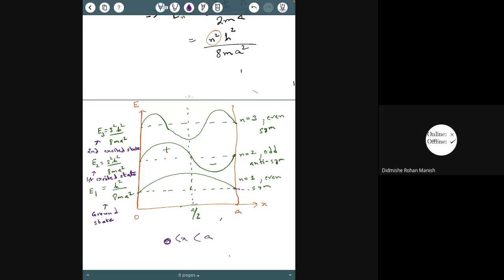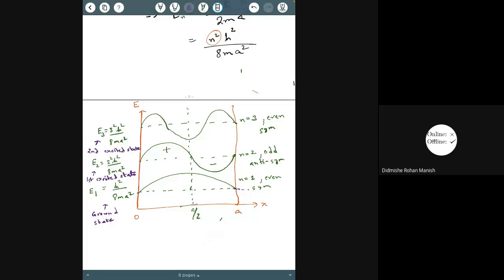And actually, the particle is also non-existent at 0 and at a. So it is always between 0 and a. So what happens at 0 and a is not of concern to us. Okay, ma'am, got it.